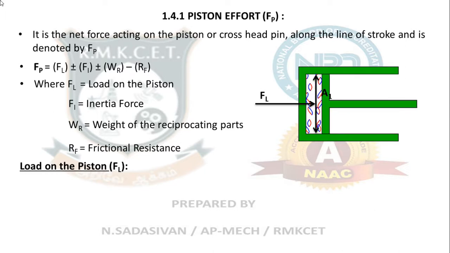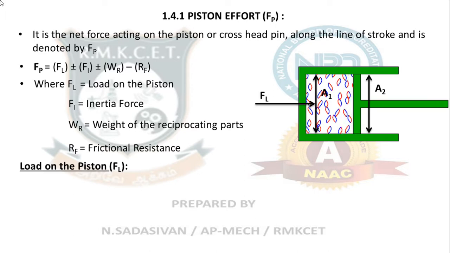In case there is some reverse pressure also available on this side, in many cases in steam engines there will be some back pressure available on the back side. In such cases I can find the difference between these two. What is the pressure on the negative side, what is the pressure on the positive side, multiply the areas. In most cases A1 and A2 will be equal. Okay, so just look at the diagram, we can look into the expressions later.